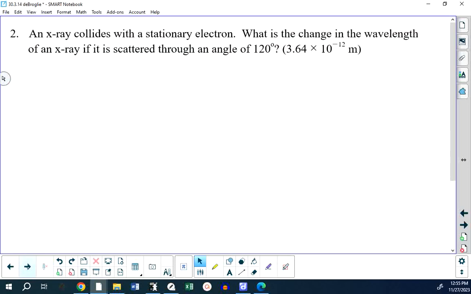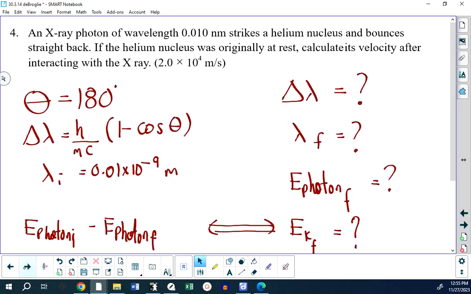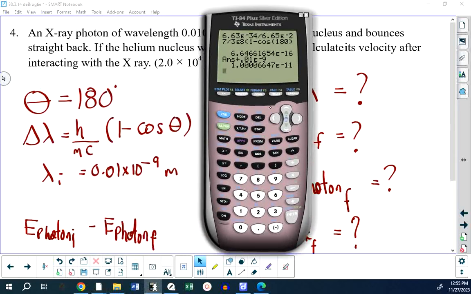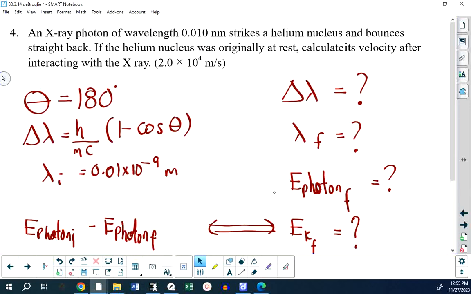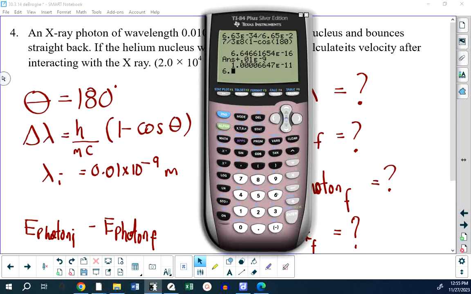Okay, so I need to take now hc over lambda, 6.63 times 10 to the negative 34 times the speed of light divided by the initial wavelength, and I need to subtract. I think we're in deep enough here that I don't think you need to hit equals and write down all of these energies.